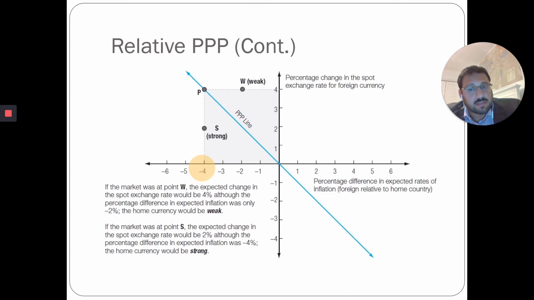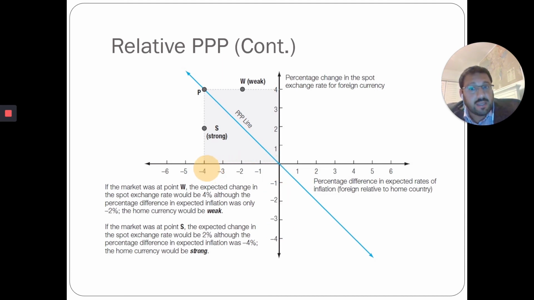If the differential inflation is -4, then its currency will likely appreciate by 4% versus the US dollar. So this line suggests the differential inflation rate of Japan, and the x-axis suggests the percentage change in the spot rate of the Japanese yen versus the US dollar.